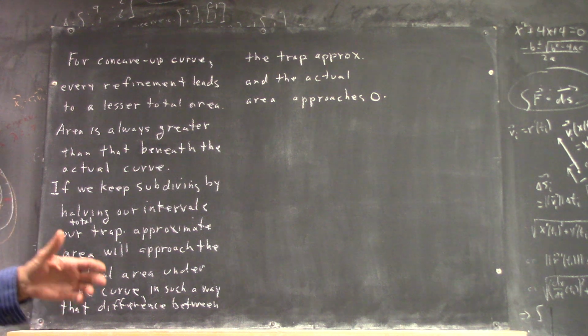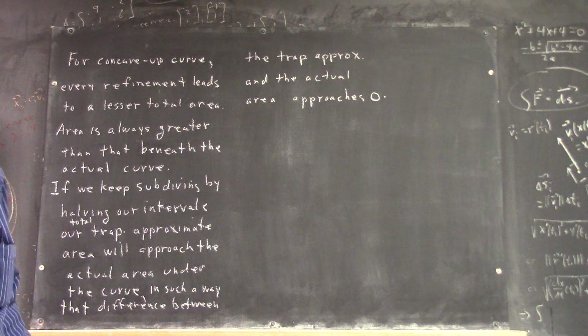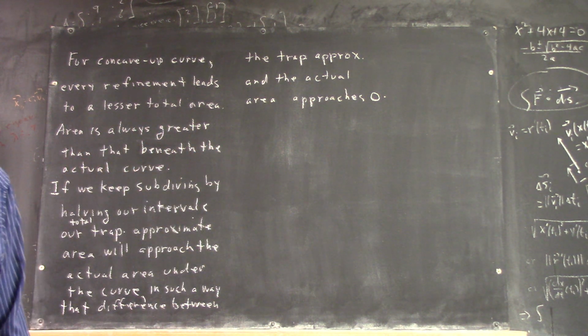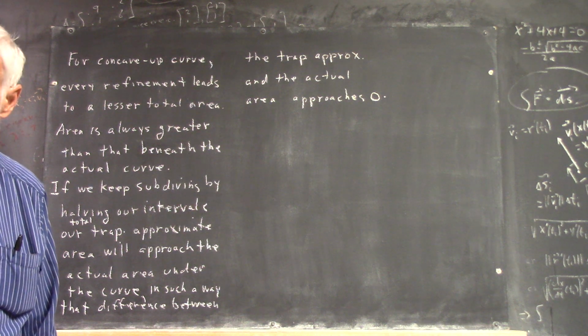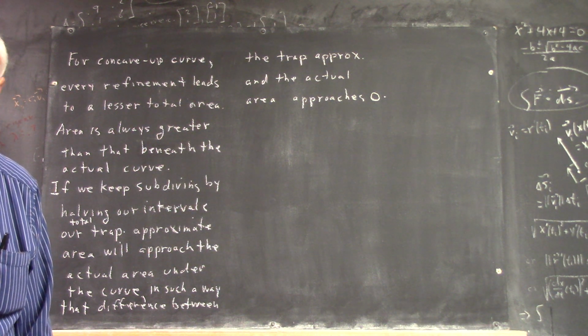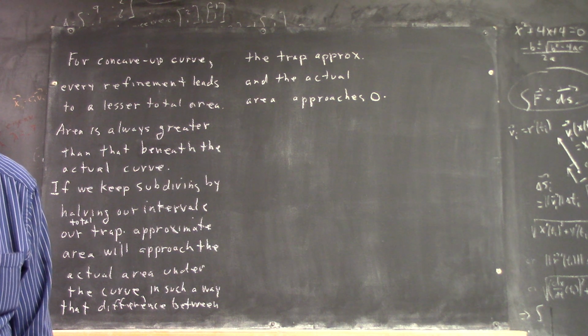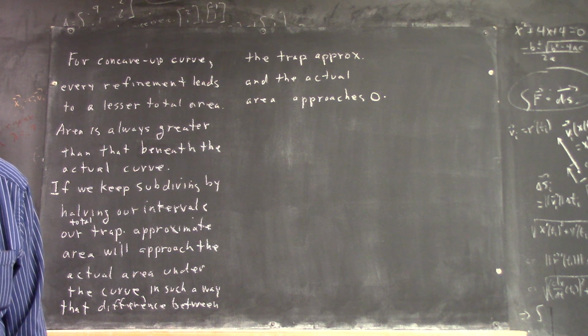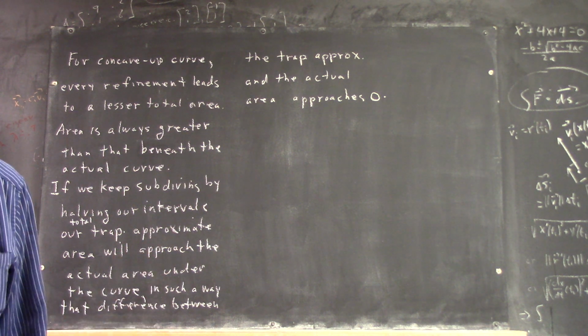And also how some of the behaviors of the trapezoidal graphs give you insight into the way the functions themselves behave. Okay? There's a huge amount of insight in here.